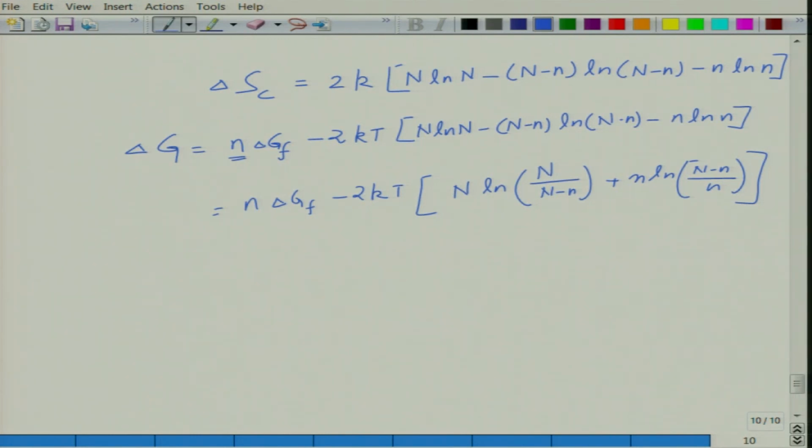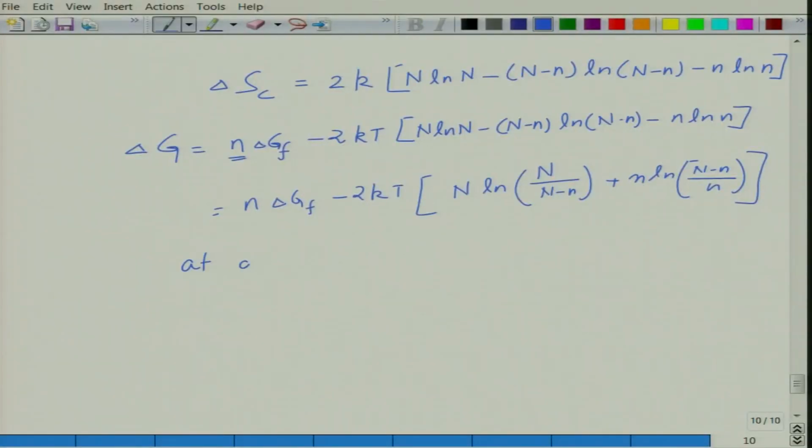Now, what you have to do is that if vacancies were stable defects, then at a certain concentration the free energy would be minimum. That means, at a stable vacancy concentration or defect concentration, delta G should be minimum, which means del of delta G divided by del of n must be equal to 0.